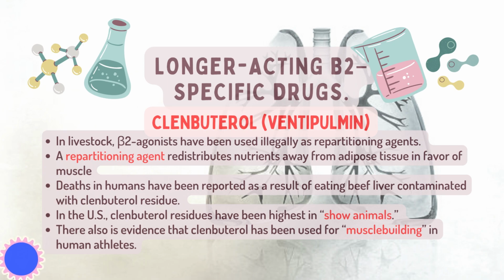Deaths in humans have been reported as a result of eating beef liver contaminated with clenbuterol residue. In the US, clenbuterol residues have been highest in show animals. There is also evidence that clenbuterol has been used for muscle building in human athletes.